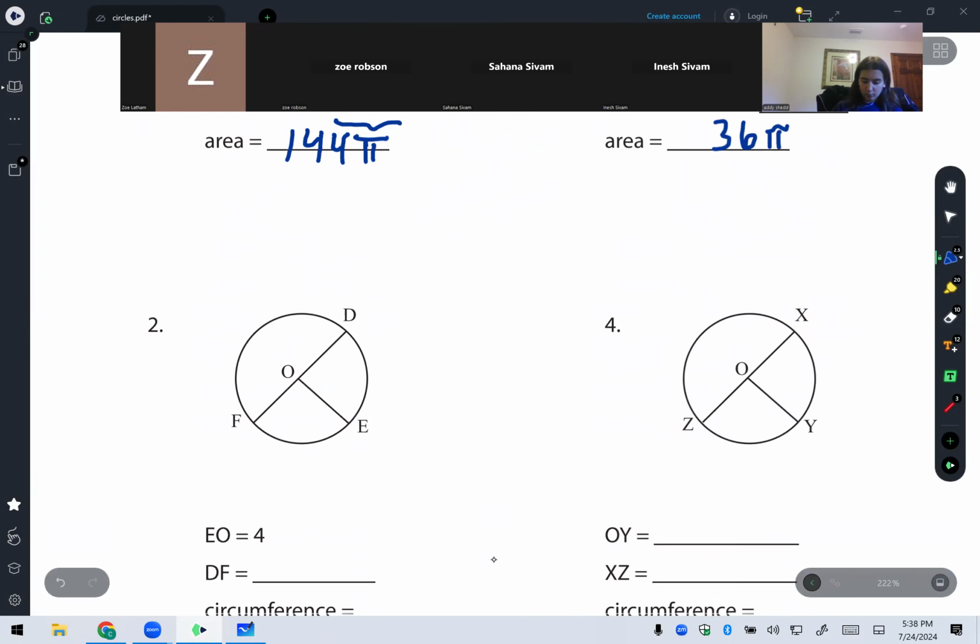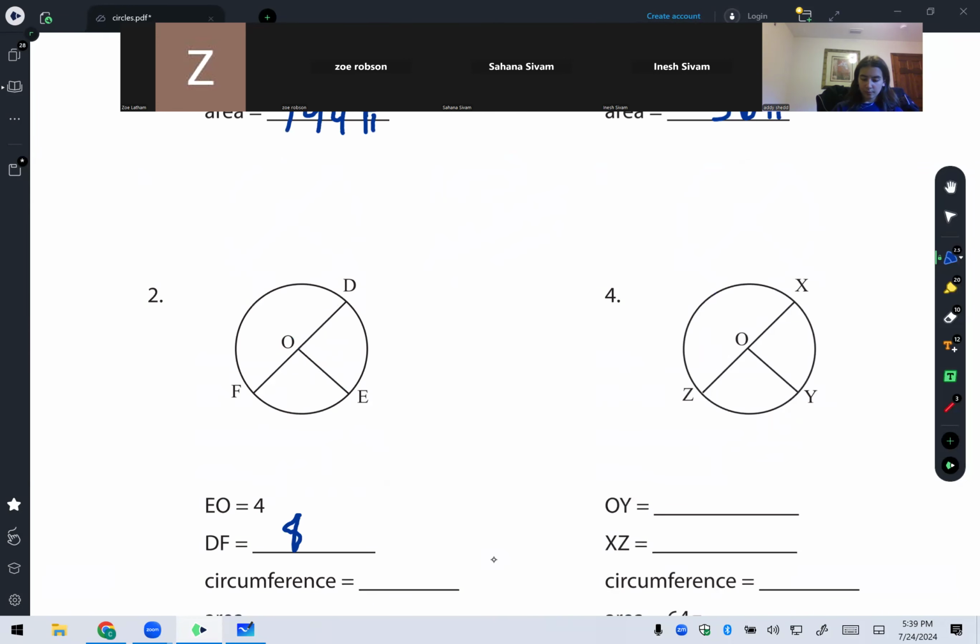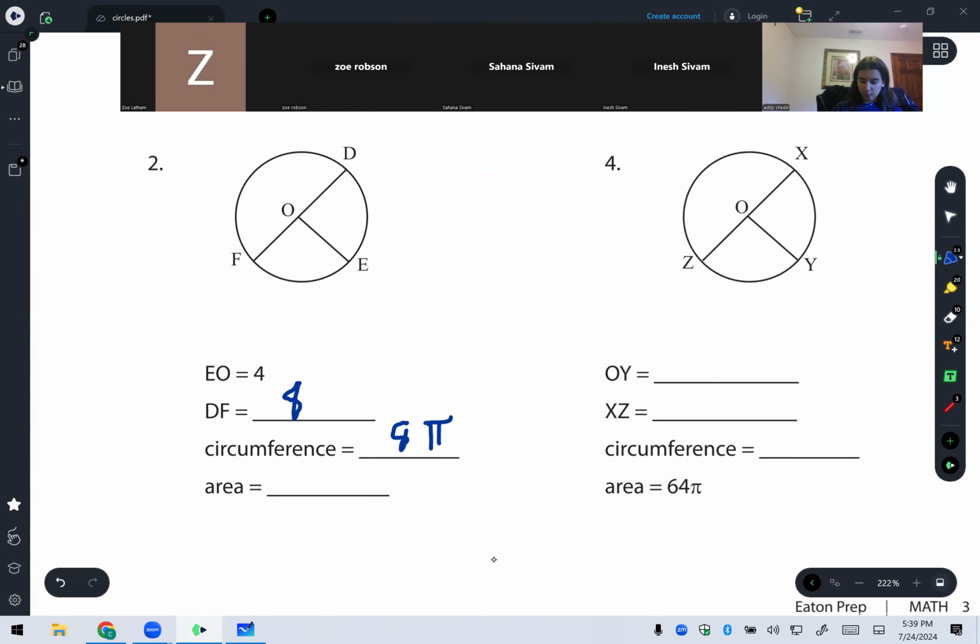But since it's been a while since you've had geometry, I just wanted to review this so that when you get to the harder questions, you'll be okay.